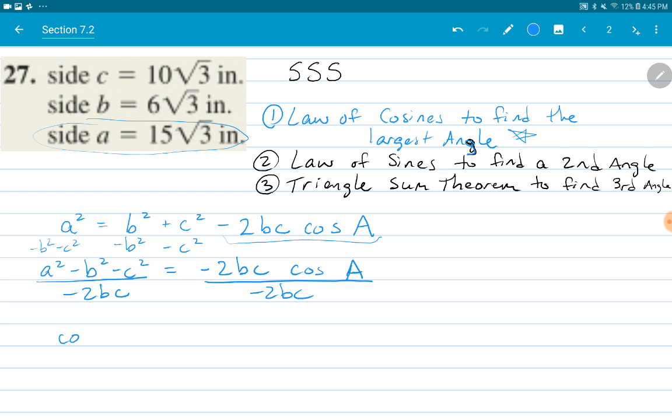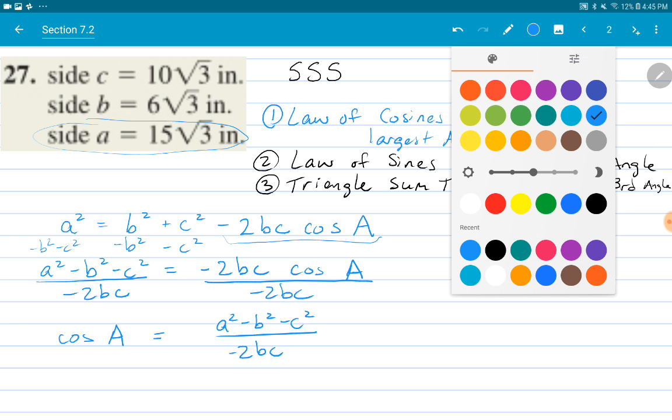So now I have cosine of A. I'm just going to switch the sides here, so what I'm solving for is on the left. Cosine of A equals A squared minus B squared minus C squared all over negative 2BC.